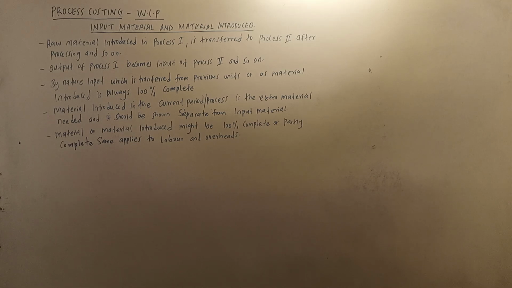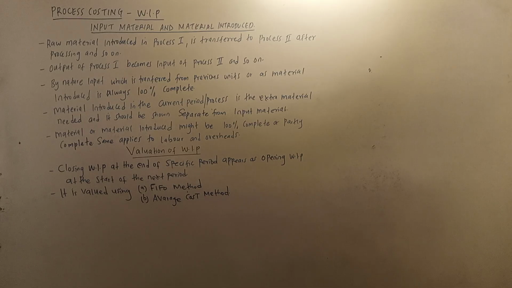Now let us see the valuation of work in progress. When we talk about valuation of work in progress, closing work in progress at the end of a specific period appears as opening work in progress at the start of the next period.